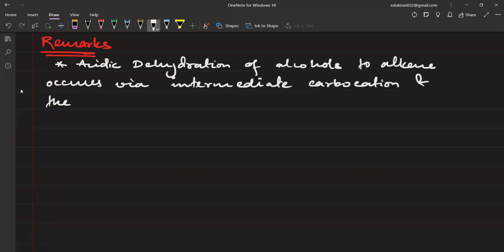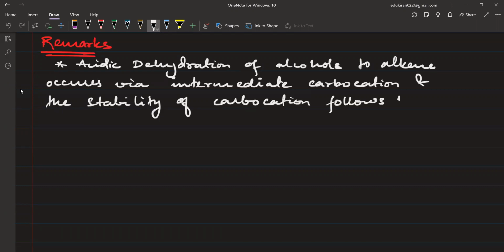And the stability of carbocation follows the order: 3 degree is more stable than 2 degree, which is more stable than 1 degree.